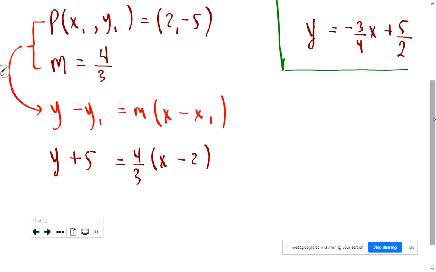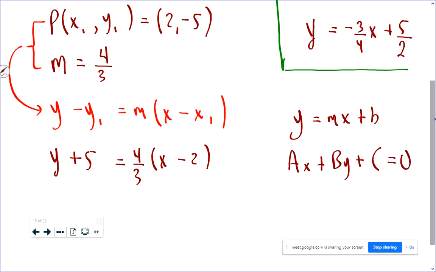Now, we have these two popular ways to write linear equations. I've already explained in the first example that this form, which is called the slope-intercept form, can be clunky because we're going to have fractions.